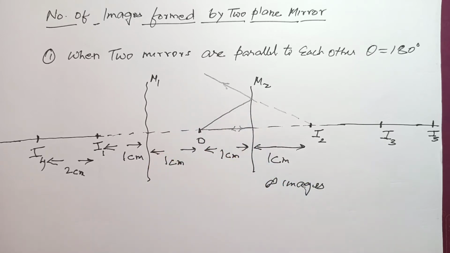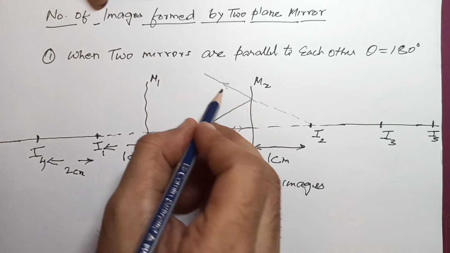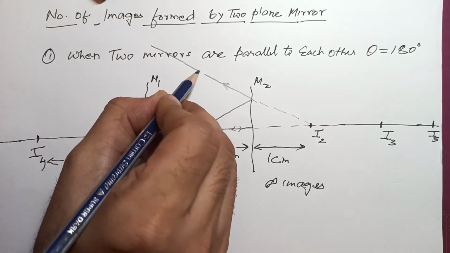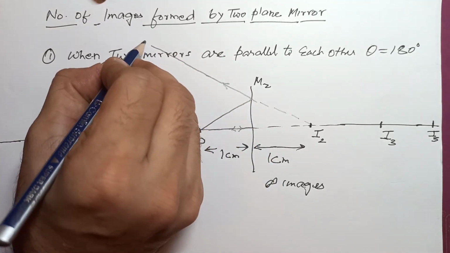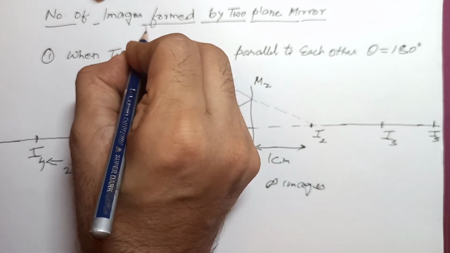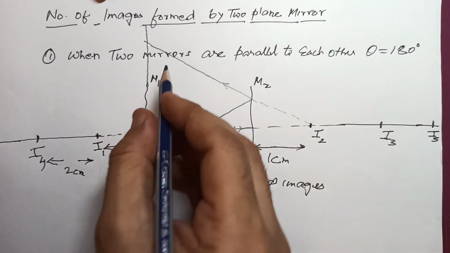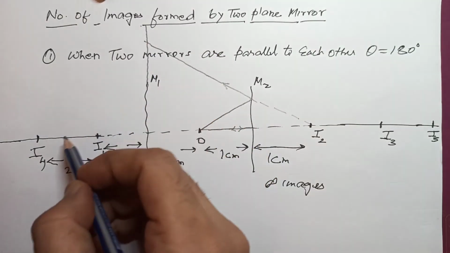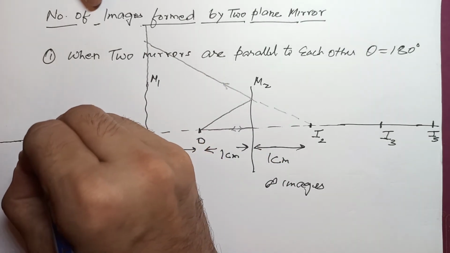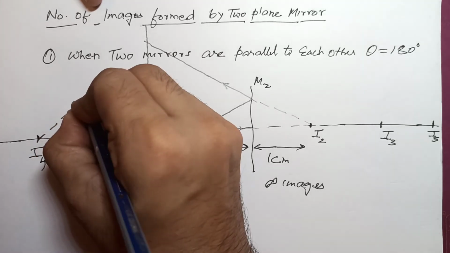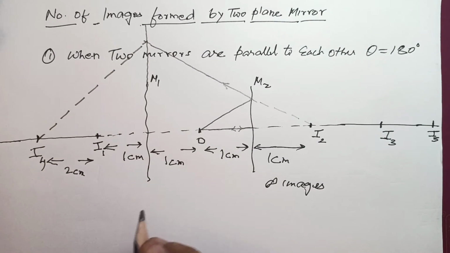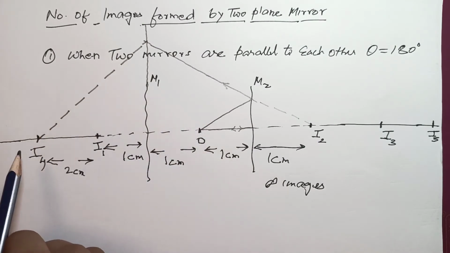Now this ray will go somewhere here. Let me extend it a bit. Bear with my drawing. We will get a feeling that it's coming from I4. So let me connect it.